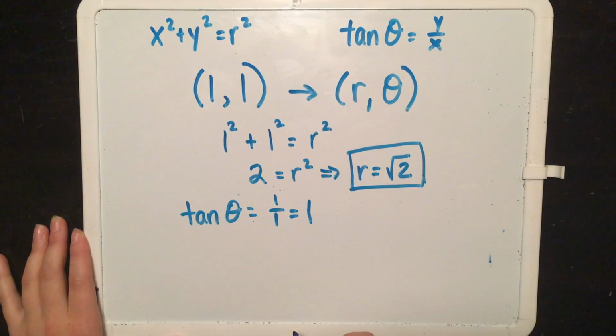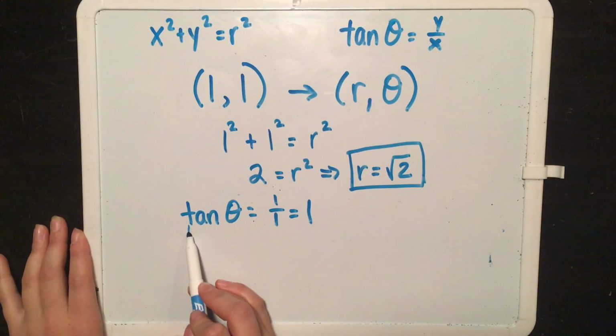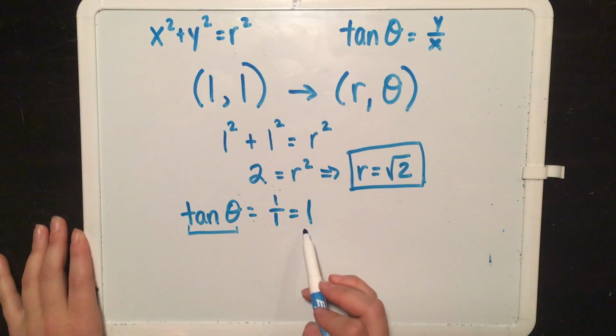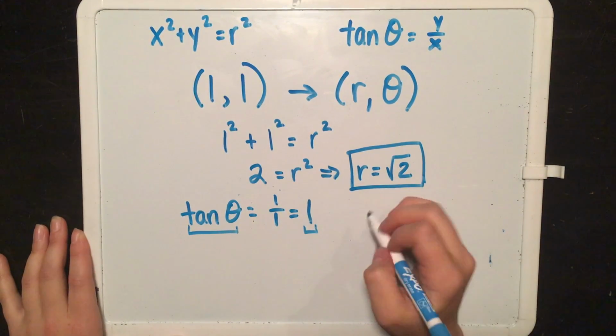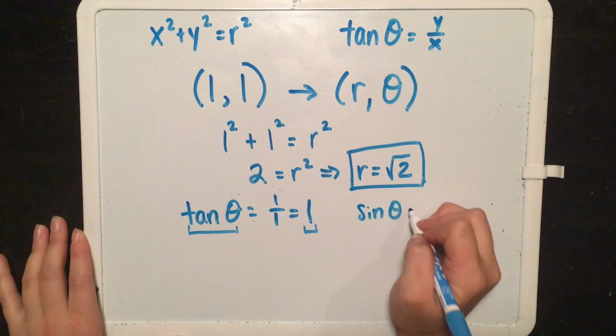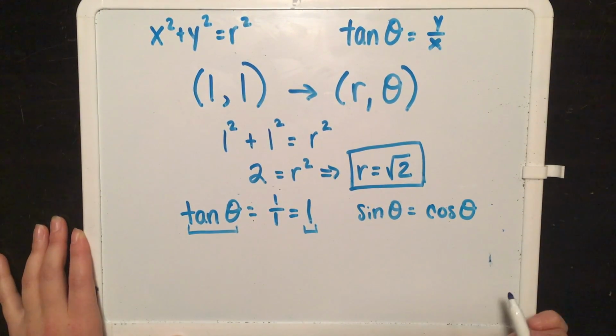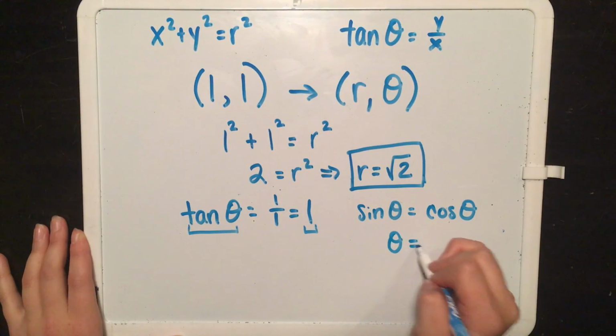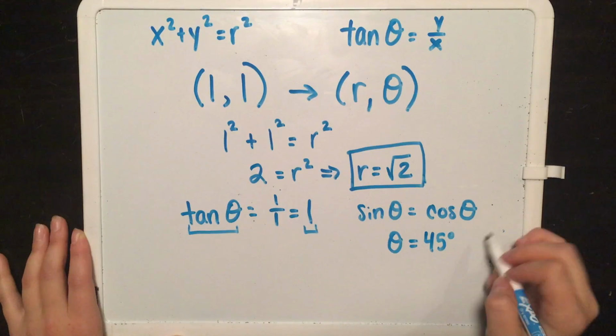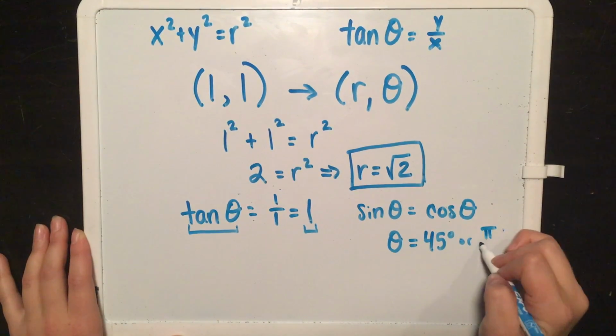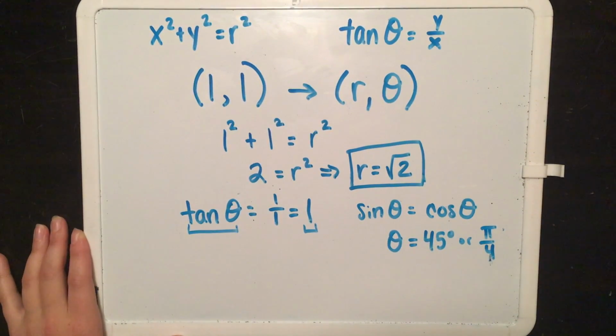So using our unit circle, where does the tangent of theta equal 1, when the sine of theta equals the cosine of theta? And that only happens at one angle, and our angle is 45 degrees, or pi over 4 radians.